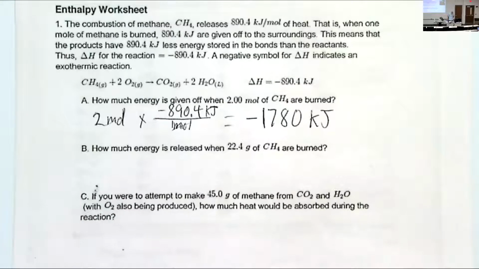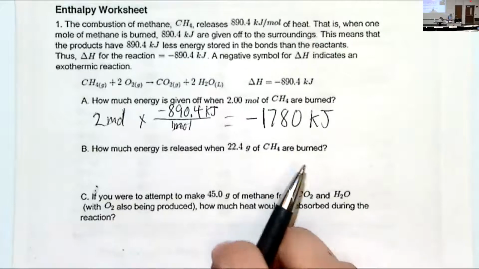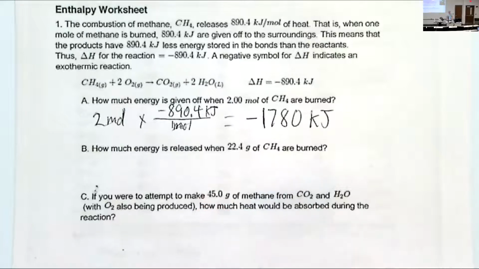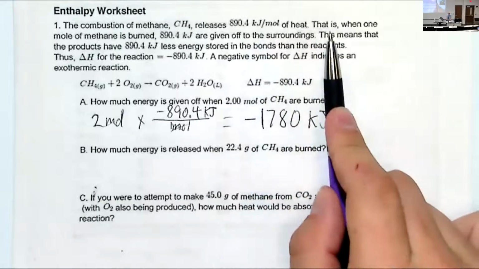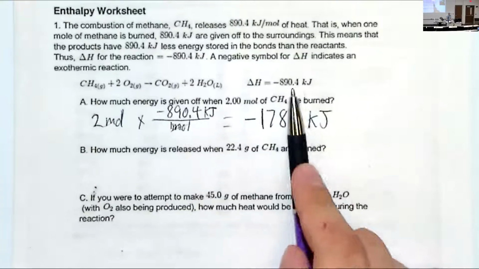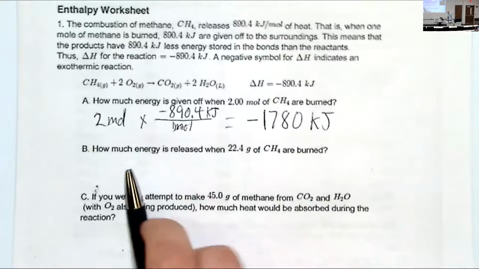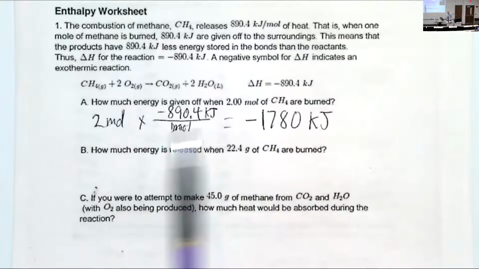Now we'll go to part B, where we have a specific amount of grams of our methane. We started off with 2 moles, which was easy because it already gave us what happens when 1 mole of methane is burned. Now we're in grams. I don't know if you've been to my earlier SI sessions, but basically the first part is we're going to convert from grams to moles, and then we'll have our same problem.